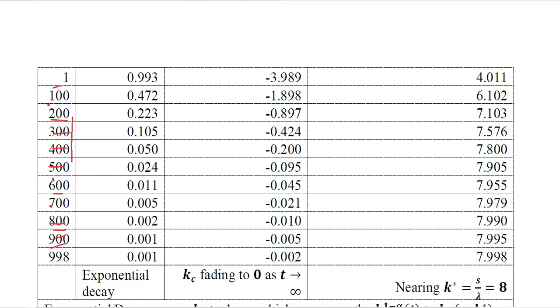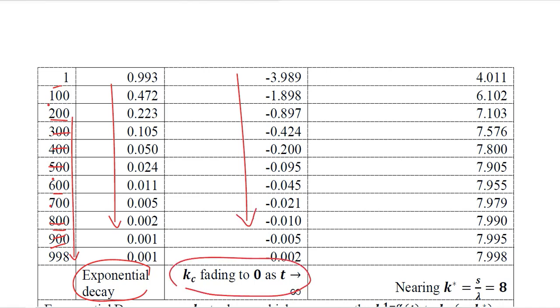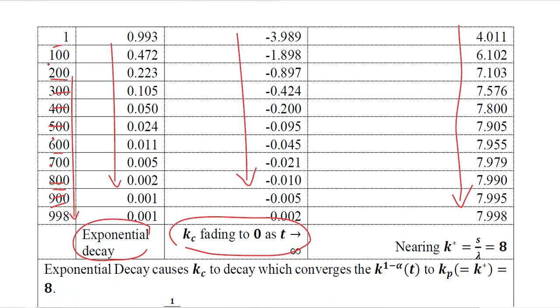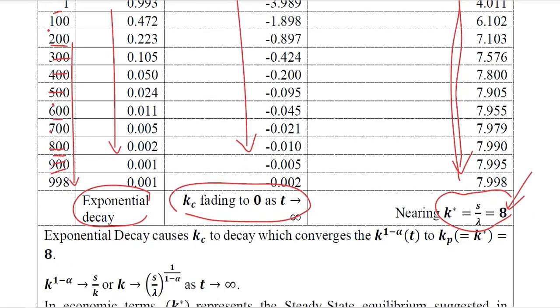So as you can see, as the time is passing, the value of the exponential term is decaying, that is, we have exponential decay, and also the value of the complementary function is also decreasing. Therefore, the value of the time path of capital per worker is nearing the equilibrium level of the capital per worker, which is 8. So you can see the value is increasing from 4 to 8, it is approaching.